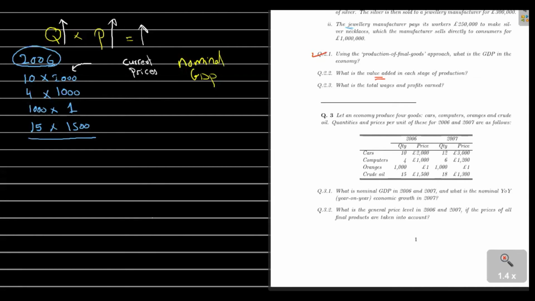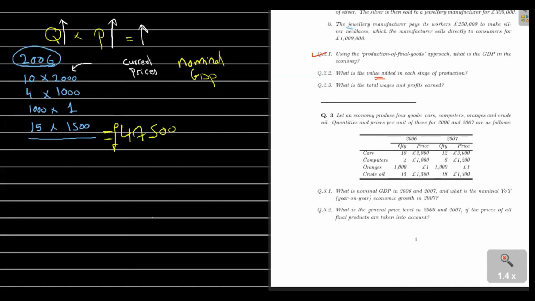I use the prices from 2006. So how much would that be? Can anyone calculate that for us, please? Okay, so the total here should be 47,500 pounds. Okay, so that is the value of GDP in 2006.